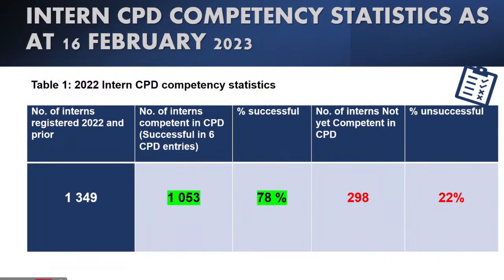There were 1,349 interns in our register who registered in 2022 as of the 16th of February this year. Of all those interns, 1,053, that is 78%, were successful. And then we had 298 interns, that is 22%, who were not yet successful.